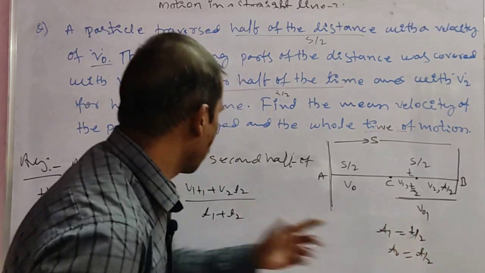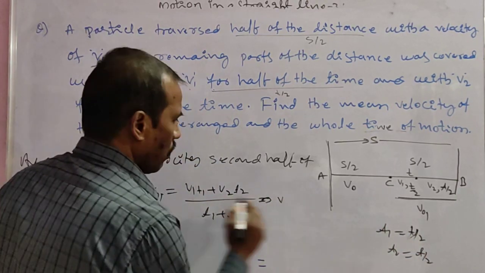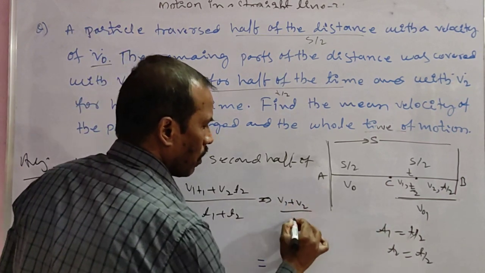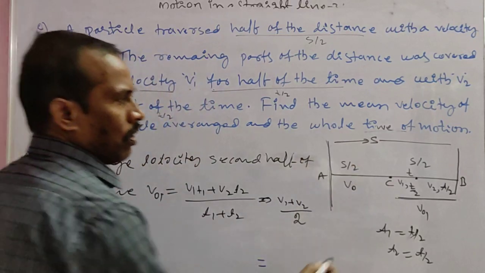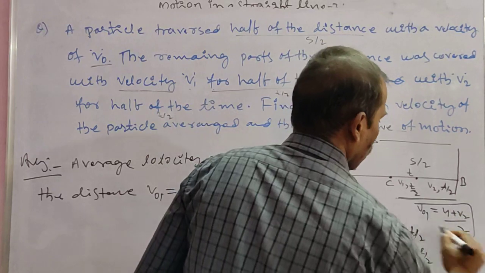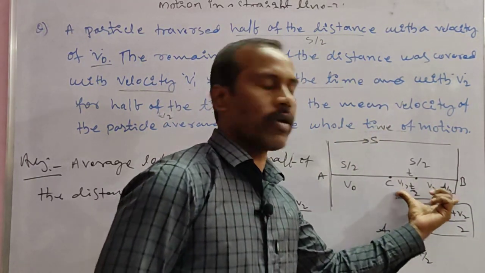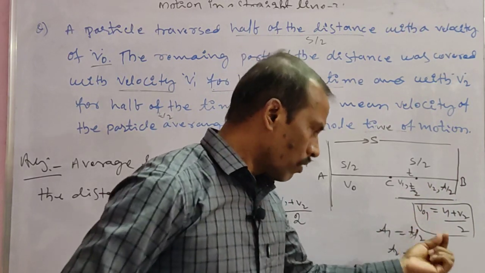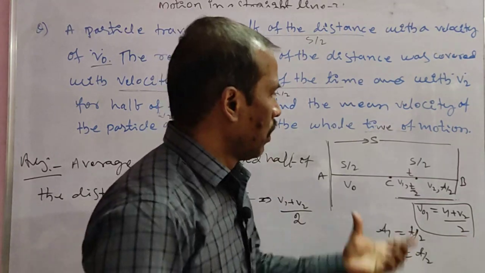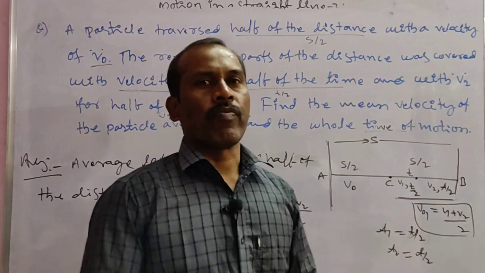Substituting these two values, we get V1 plus V2 by 2. So the average velocity or speed V01 between C and B is V1 plus V2 by 2.